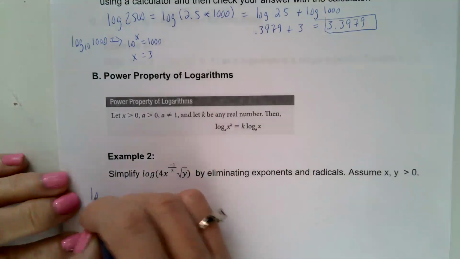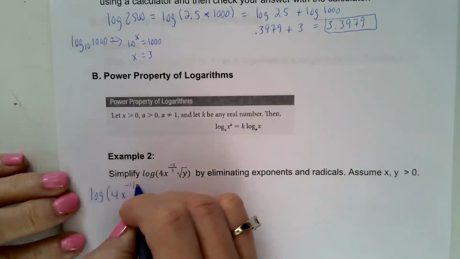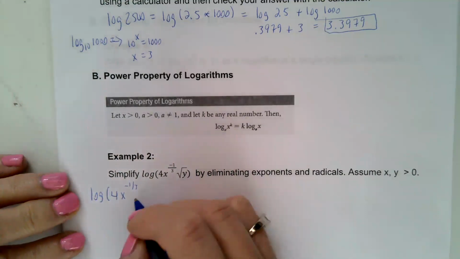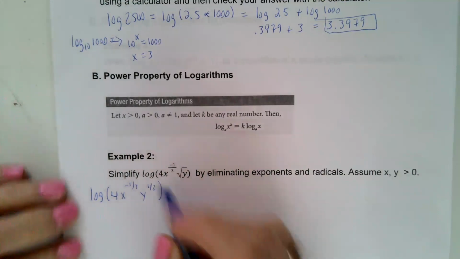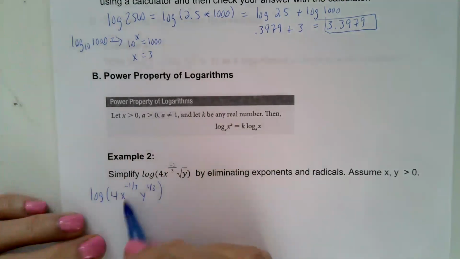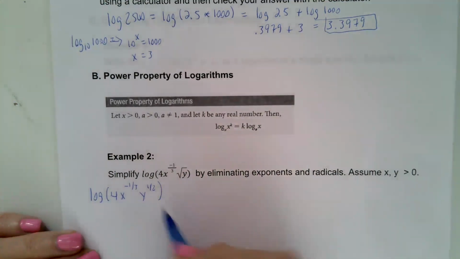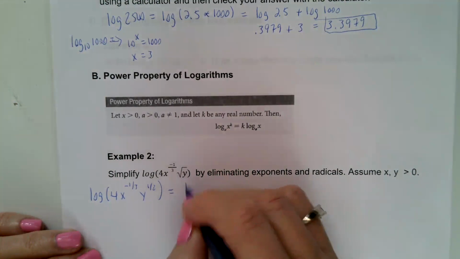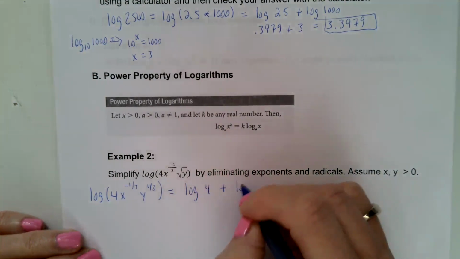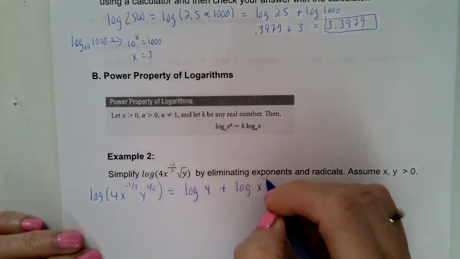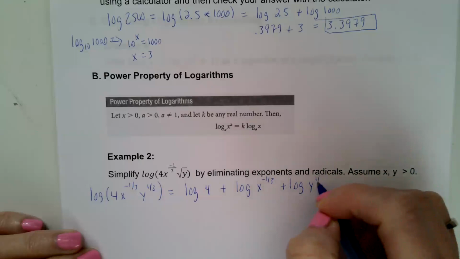So first I'm going to rewrite the square root of y as y to the 1/2. So we've got x to a power and y to a power. And we've got the product of these three things. So we're going to separate those first. So the log of 4 plus the log of x to the negative 1/3 plus the log of y to the 1/2.